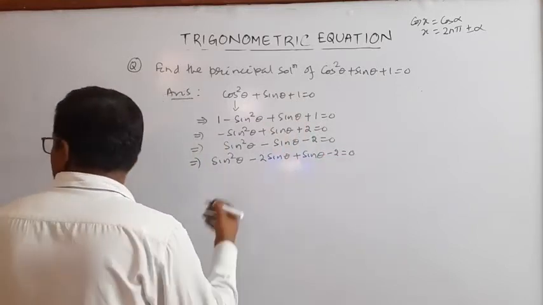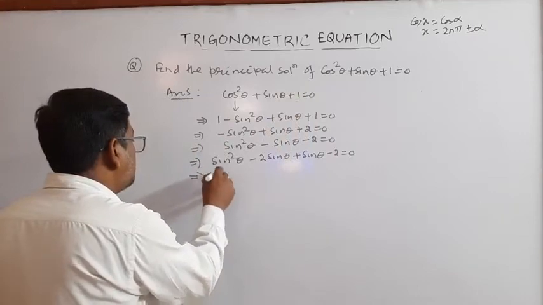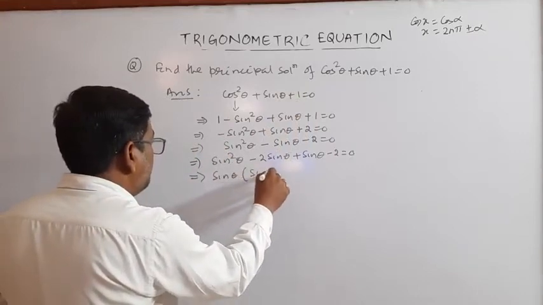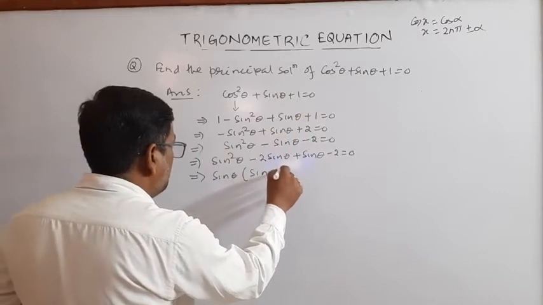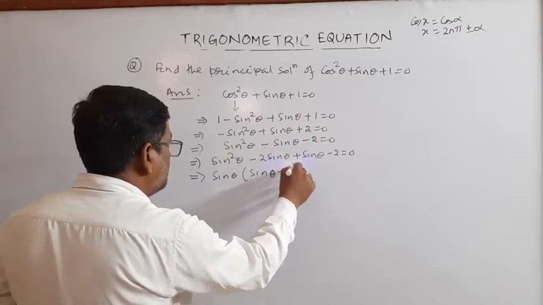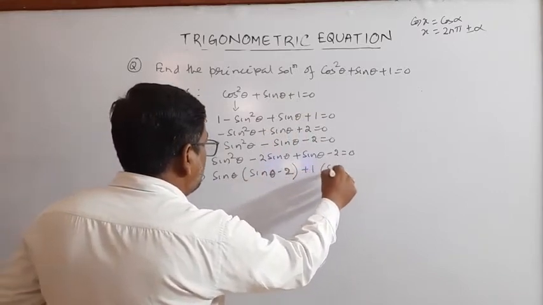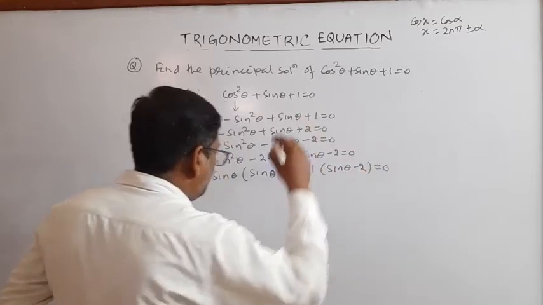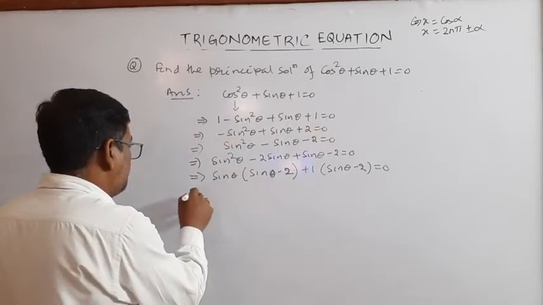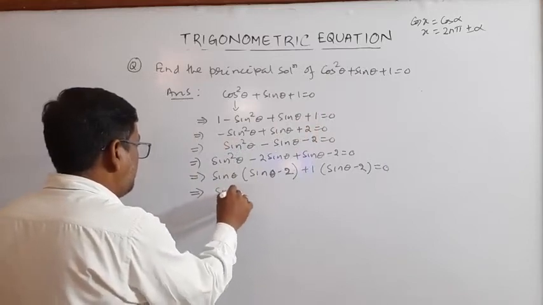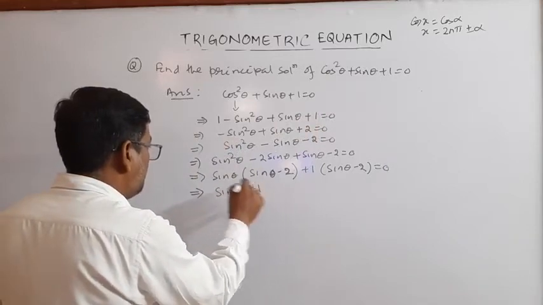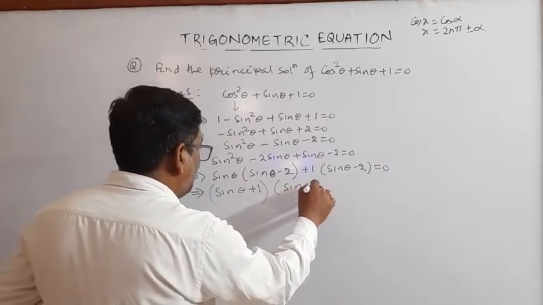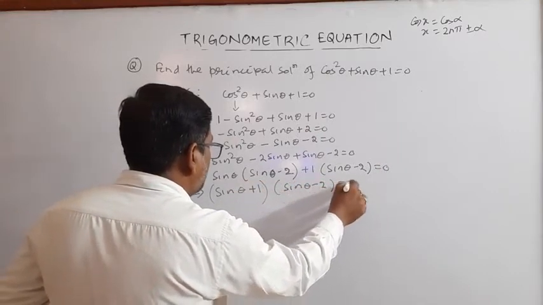Take common sin theta: sin theta into sin theta minus 2, plus 1 into sin theta minus 2, is equal to 0. So sin theta plus 1 into sin theta minus 2 is equal to 0.